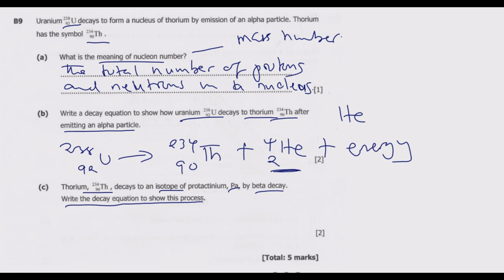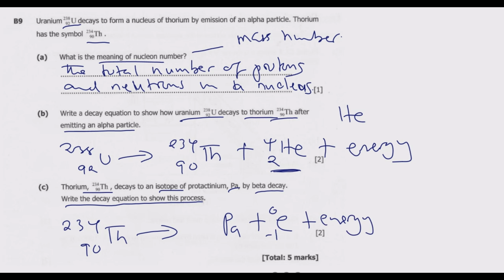So similarly, we start with 234, then 90, then this decays to Pa, plus a beta, which is just an electron, plus energy. So now it is going to gain one electron, so this one becomes 91, so that when you add these two, they give you this number.